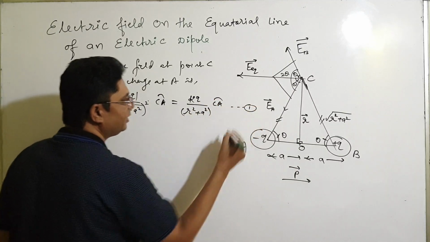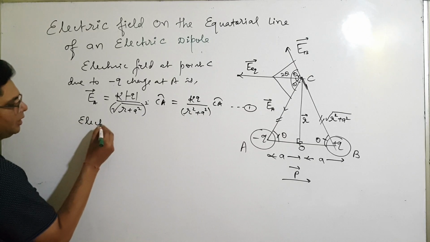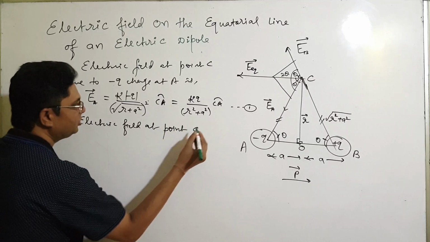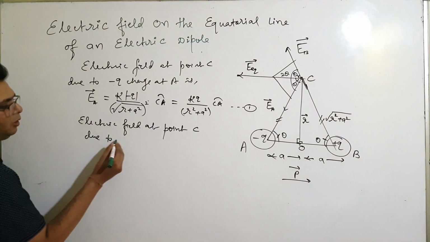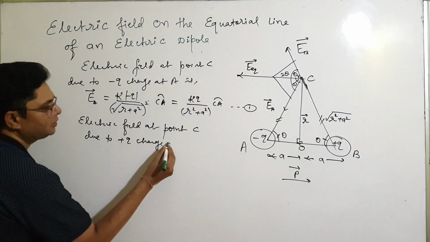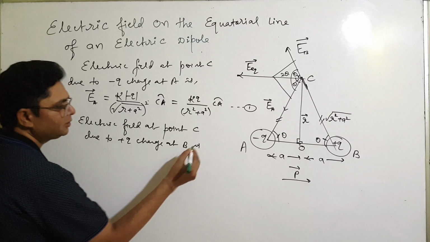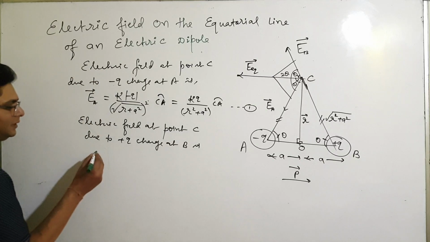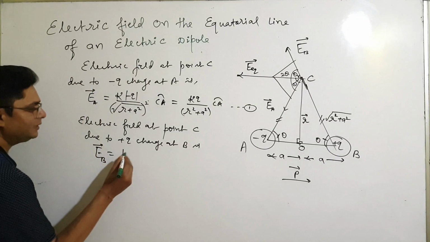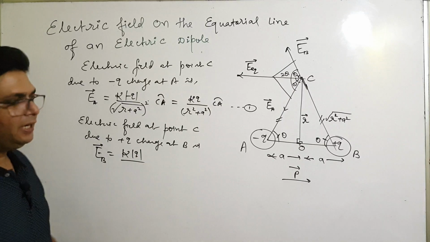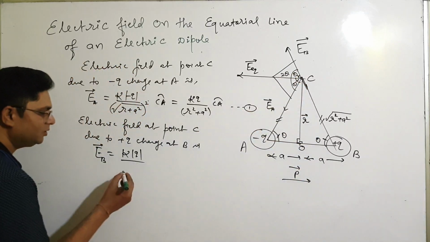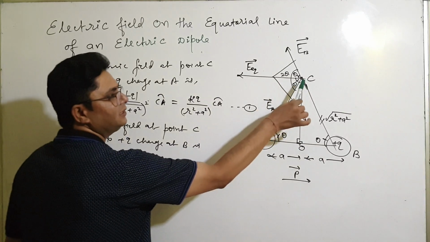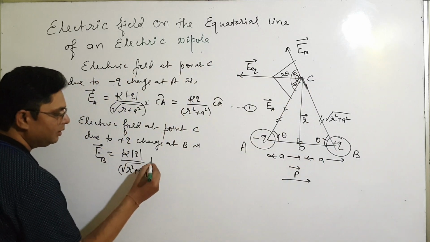Let this be equation number 1. Electric field at point C due to plus q charge at B is, now you have to find electric field at point C due to plus q charge at B. So this is EB and the formula is K times magnitude of q upon distance from B to C. The distance from B to C is square root of r square plus a square, whole squared, and direction is from B to C, BC cap.